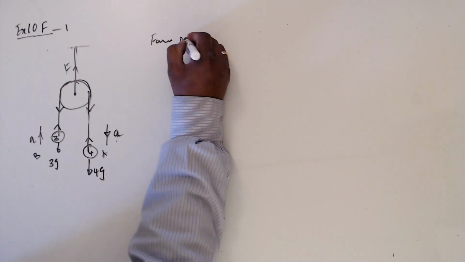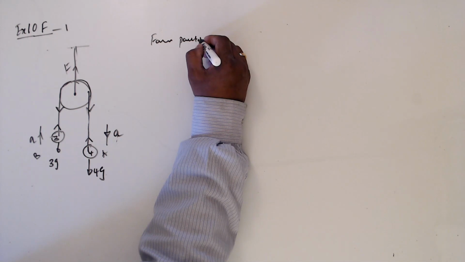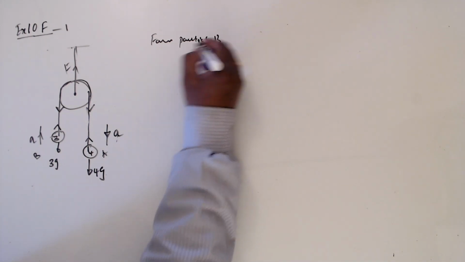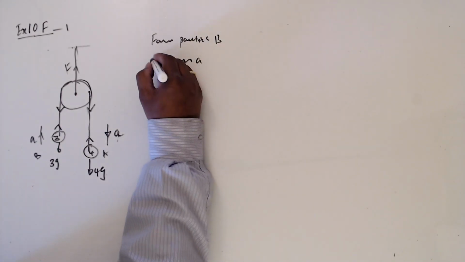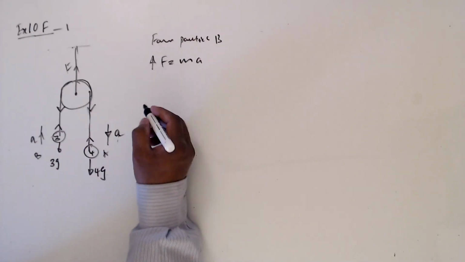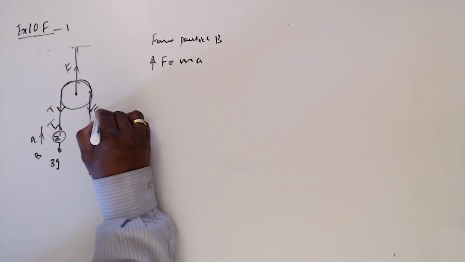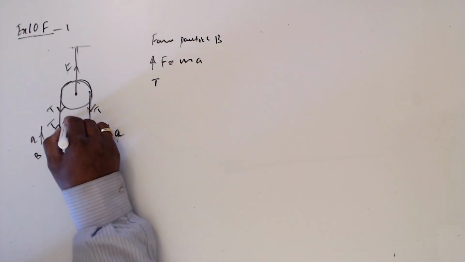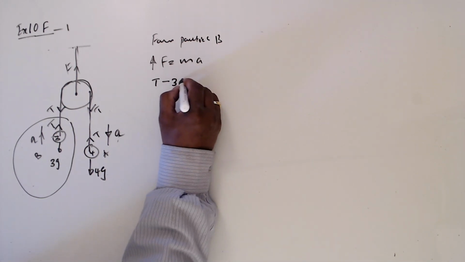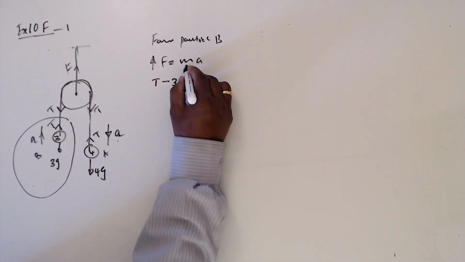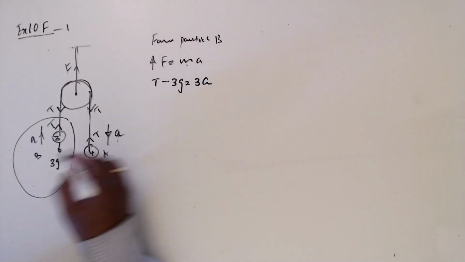For particle B, F equals ma upward. We take this tension as T, so T minus 3g equals 3a.